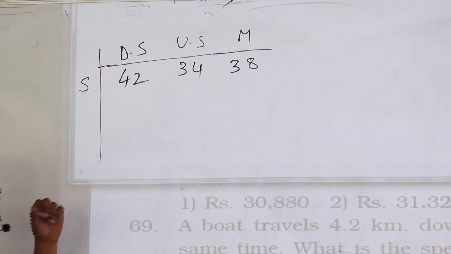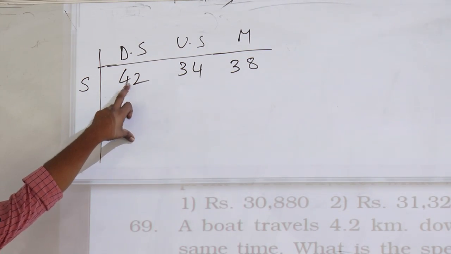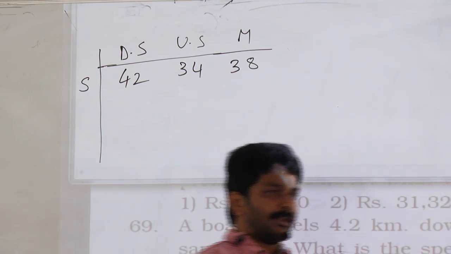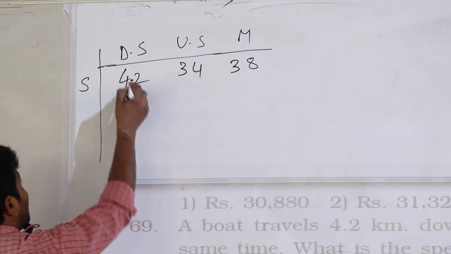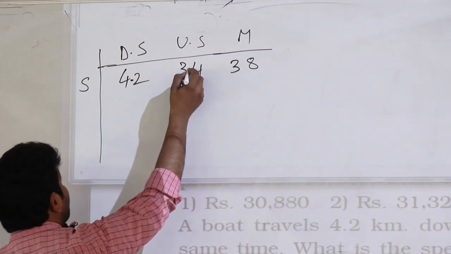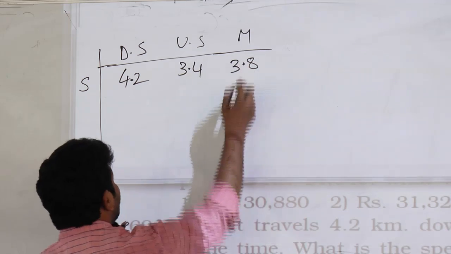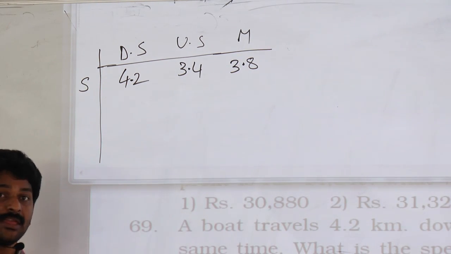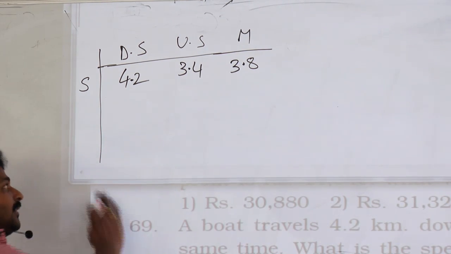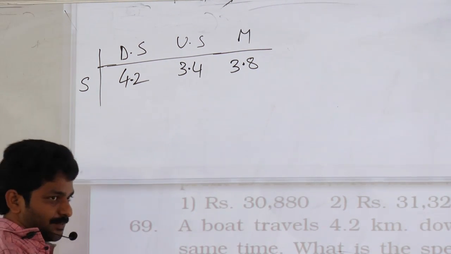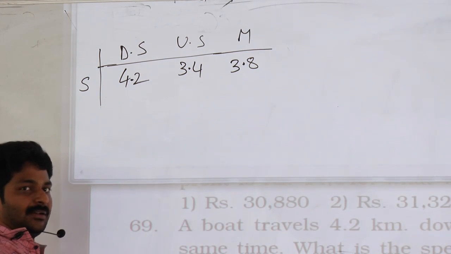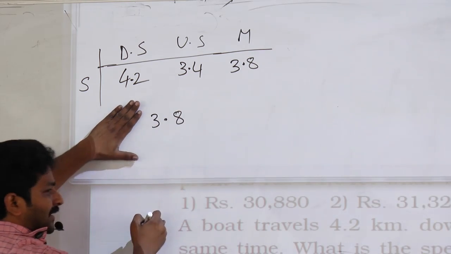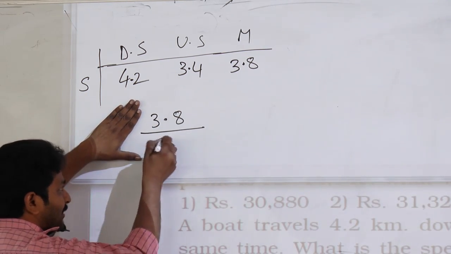38. In downstream, they can cover 4.2 kilometers in how much time? 8 minutes. So if they can cover 4.2 kilometers, 3.4 kilometers and 3.8 kilometers, in how much time? 8 minutes. And if you want to calculate man speed in kilometer per hour, that is 3.8 kilometers distance by 8 minutes.